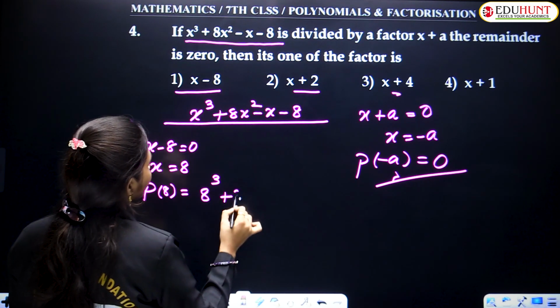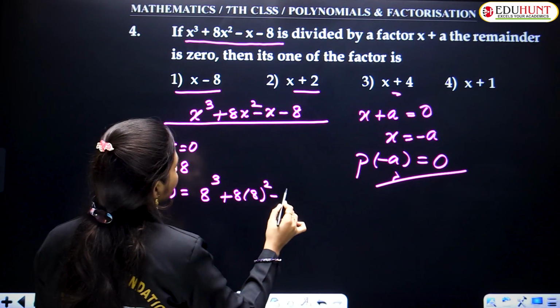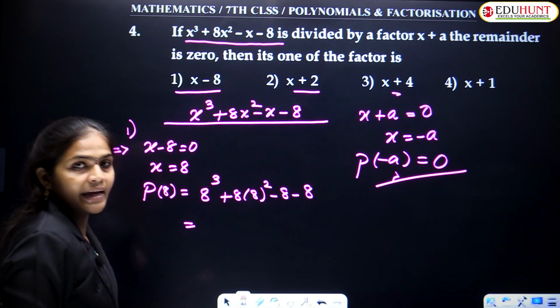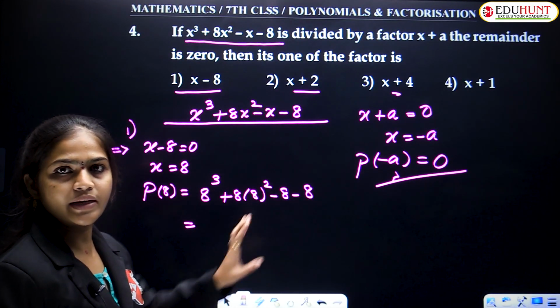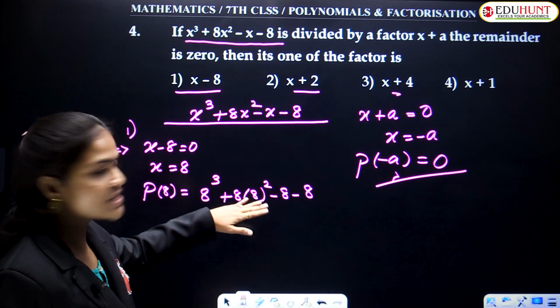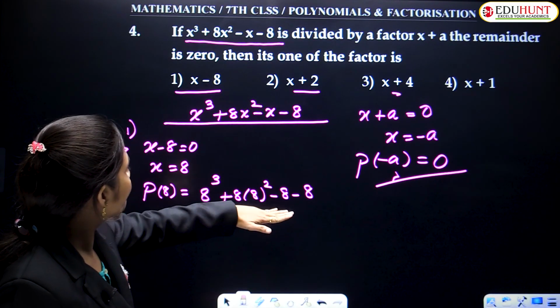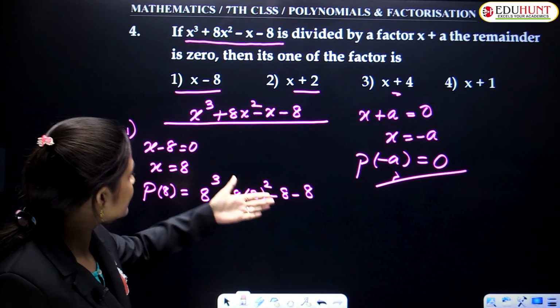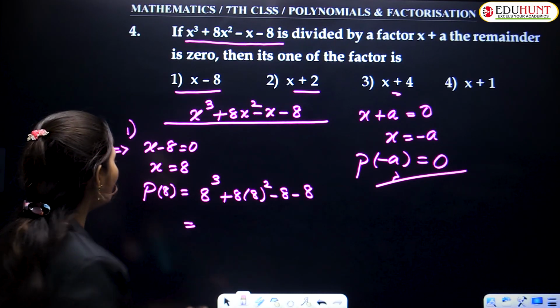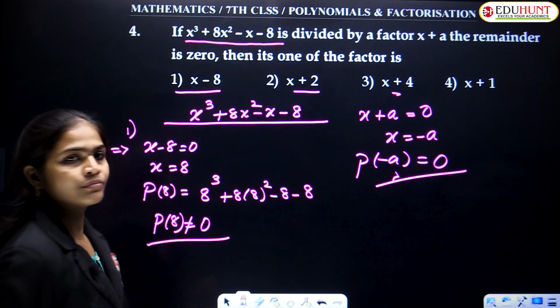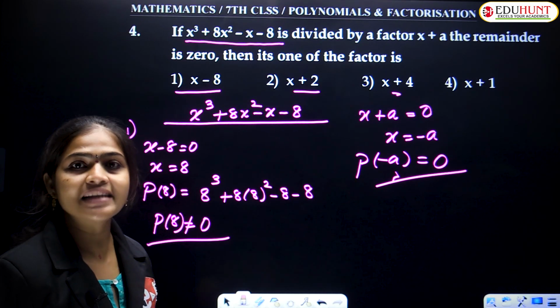8 cube plus 8 into 8 square minus 8 minus 8. So, here 8 cube, 8 8s are 64, 64 into 8, we will get something, plus 8 into 8 square, this is also the same, minus 8 and minus 8. So, by seeing this only we can say there is no possibility that p of 8 equals 0, no possibility to get the remainder as 0.